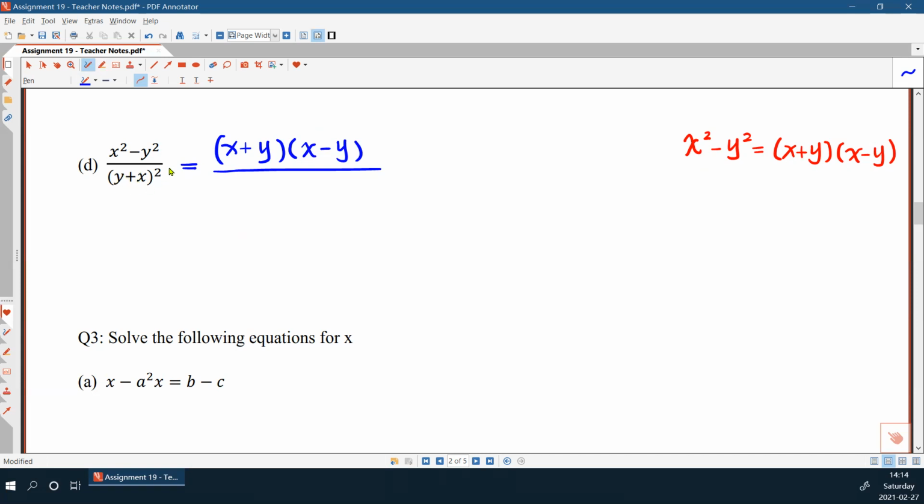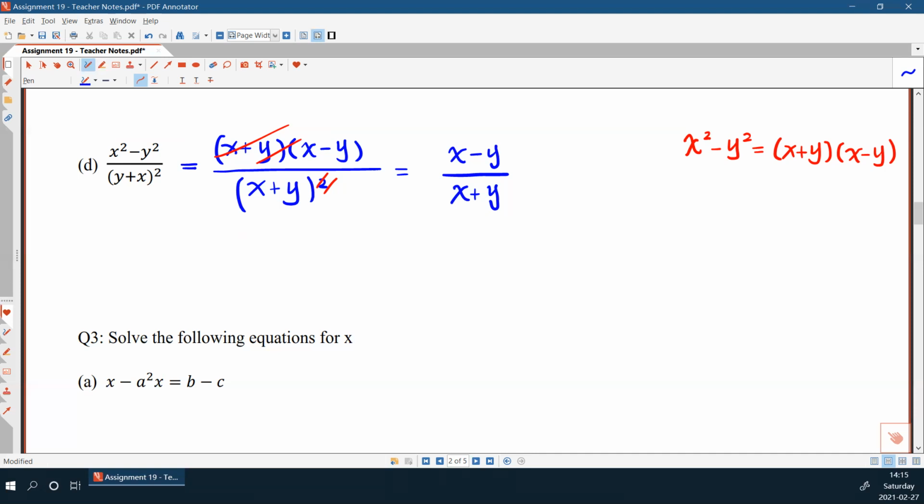The denominator (y plus x) raised to the second, which is actually (x plus y) to the second. So now we can easily cancel the x plus y here. So the final result you get should be (x minus y) over (x plus y). This is our final result. Okay, any questions? No?